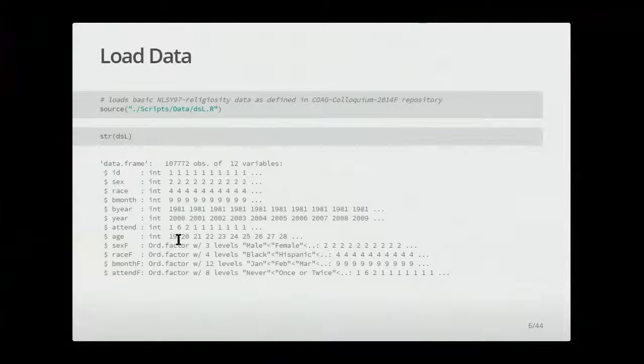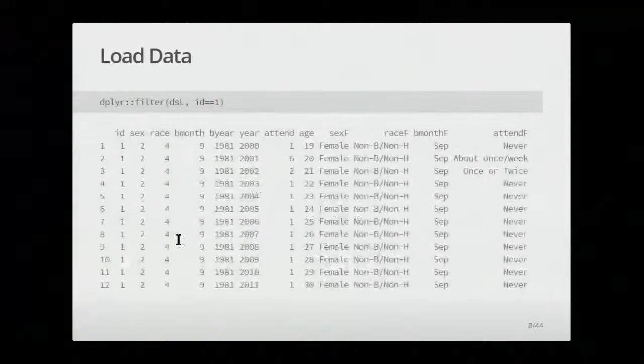So let's take a closer look at the data and see it in tabular form. So here is the entire data set for a single individual with ID 1. We see that there are 4 variables at the end that have an ending capital F. And last time we identified a place in our source file where we actually run code that attached these variables to our data set that stored labeled factors.